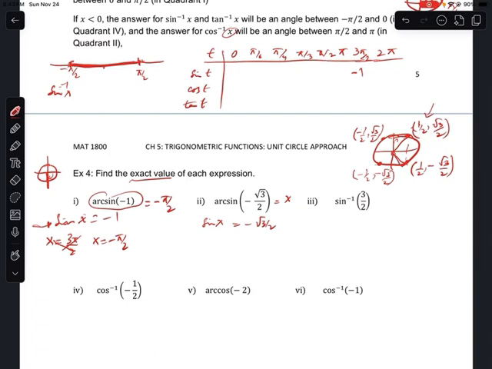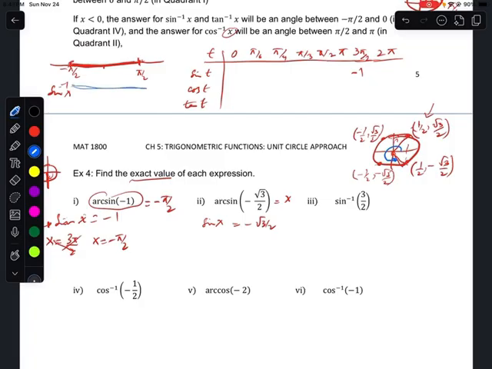Well, again, look at the unit circle. Remember the terminal point of pi over 3 is 1/2 comma square root of 3 over 2.